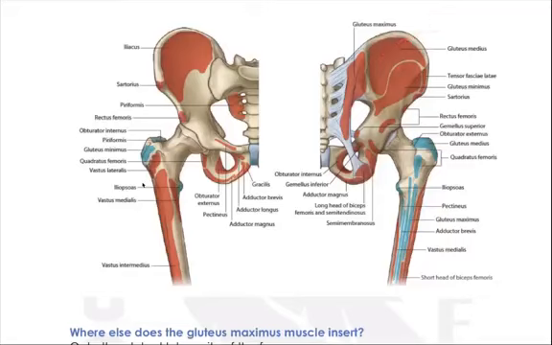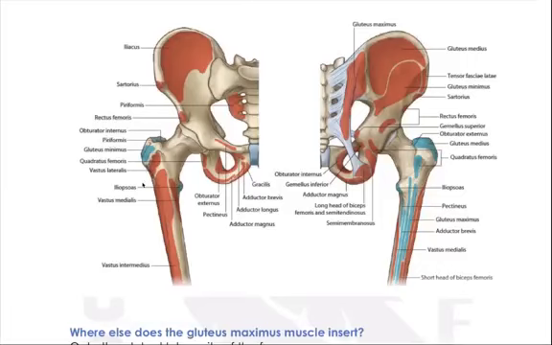Fantastic. The gluteus medius and the gluteus minimus will be supplied by the superior gluteal nerve. The function of the gluteus maximus is extension of the hip joint, right? Yes, sir. Gluteus medius and minimus, the main function is abduction.